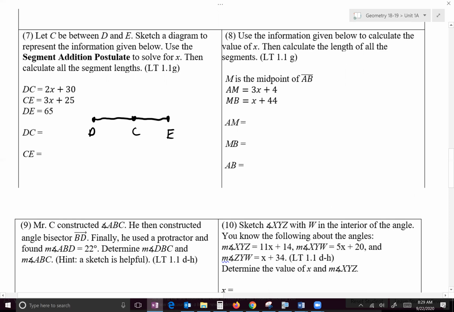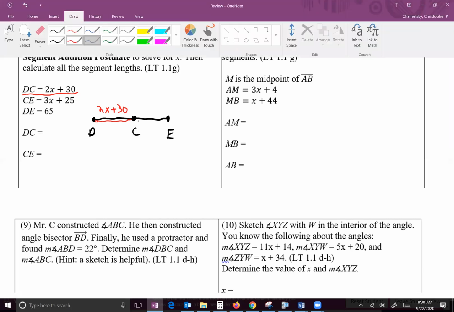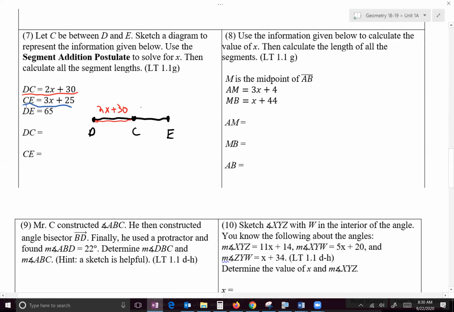Now we're going to do segment addition. So we have 3 different parts here. So this first part, DC, that's this section. That's 2x plus 30. And we have CE, so over here, that's 3x plus 25.